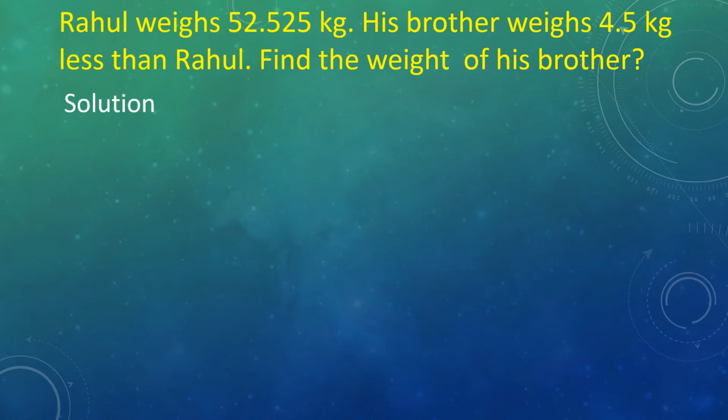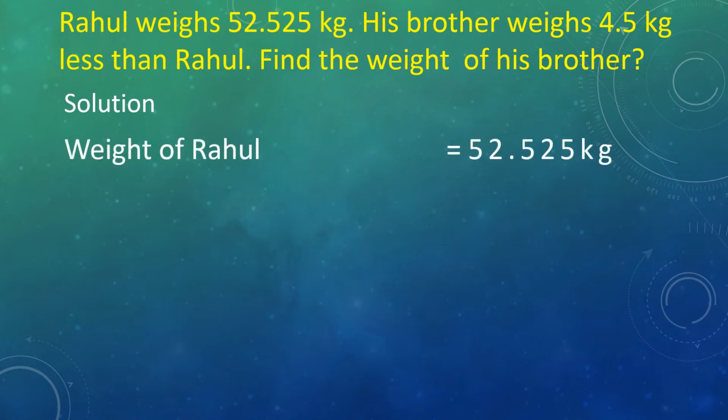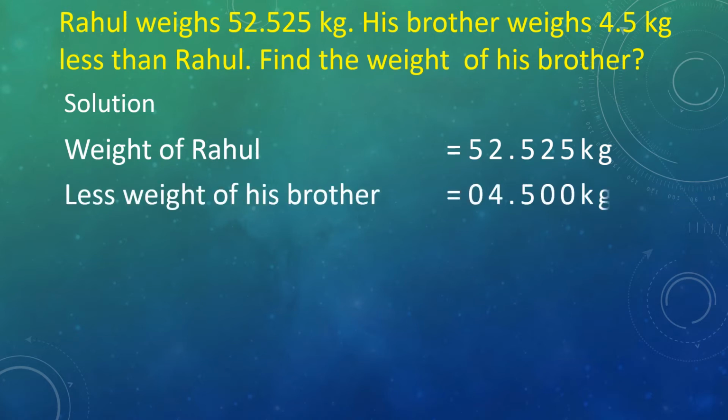And the first statement is weight of Rahul is equal to 52.525 kilogram. And the second statement is less weight of his brother is equal to 4.500 kilogram. Now we draw a line so our answer can go below it, and write a minus sign on the left to show that we are doing subtraction.